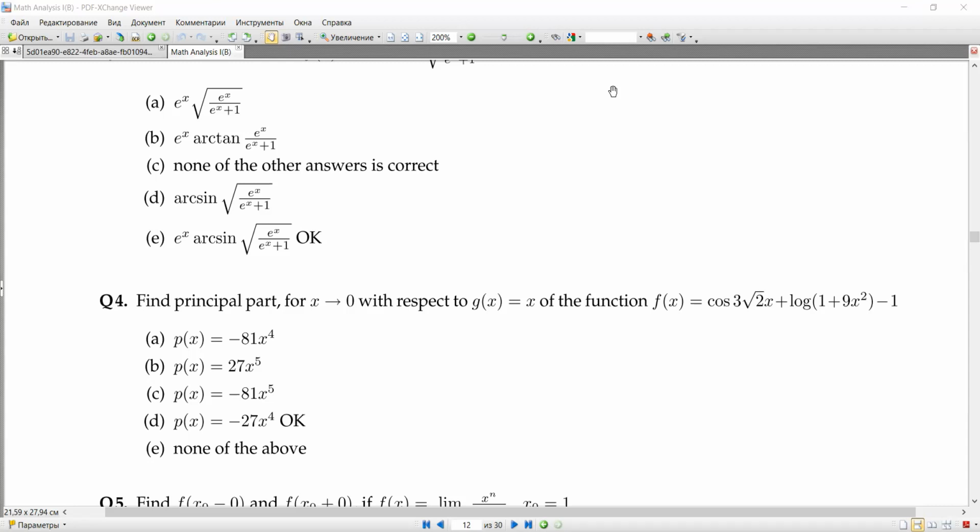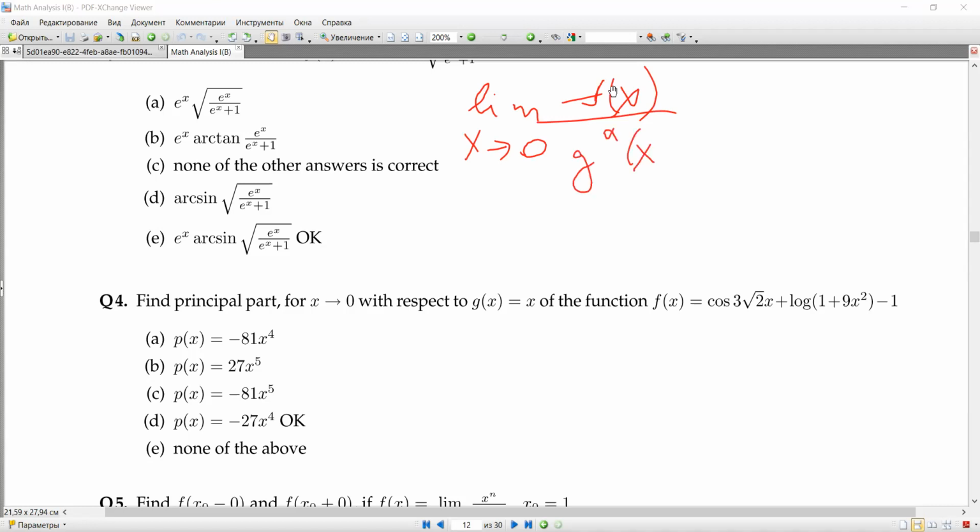So to find it, what should we do here now? Again, using this formula: limit as x tends to, where does x tend now? x tends to 0, and f of x is given. So f of x divided by g to the power of alpha of x.